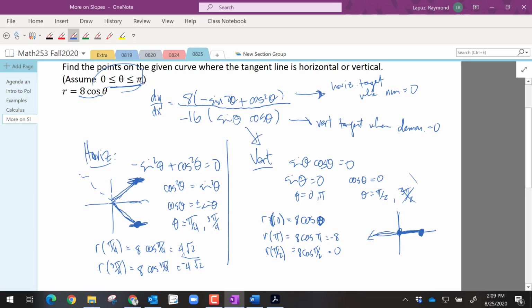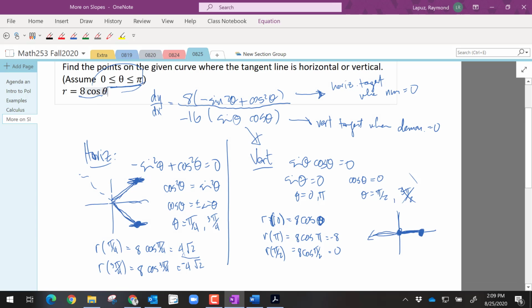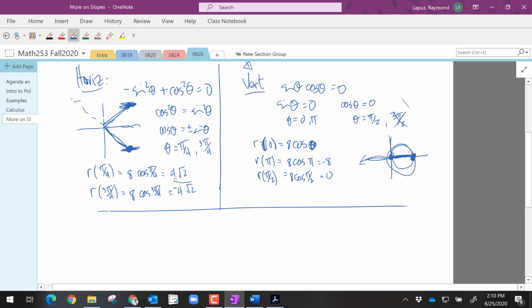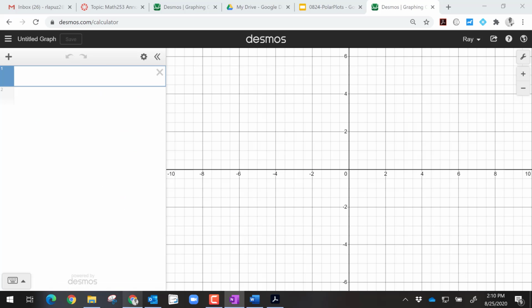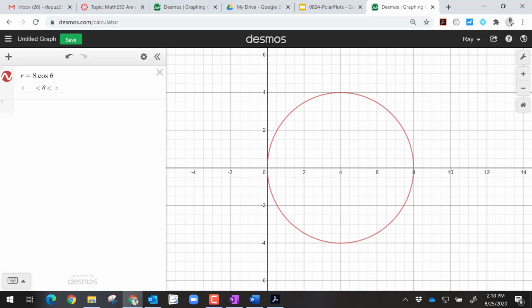Okay? So if we haven't already figured out through our lecture exercises and those slides, 8 cosine theta is going to be a circle to the right of the y-axis. Now instead of having this inferior drawing, we can actually just go to Desmos and graph it. So r equals 8 cosine theta, and this is that circle that we were talking about.